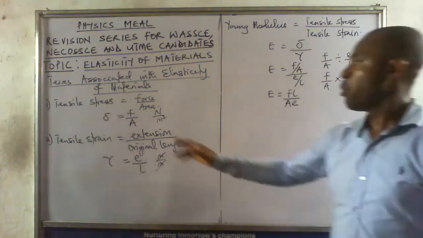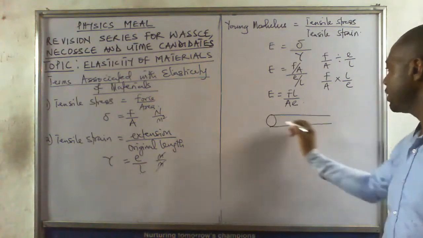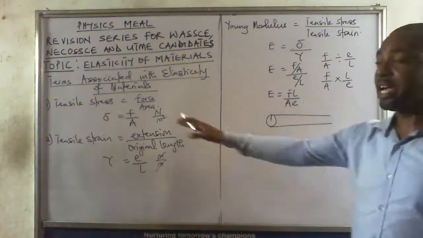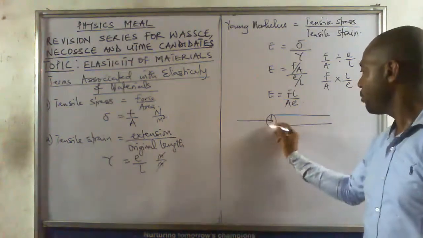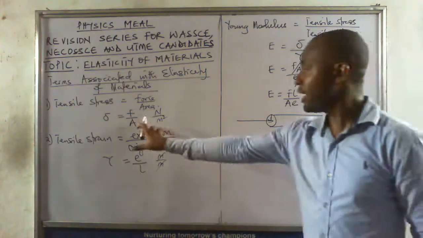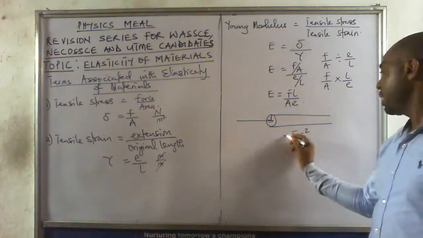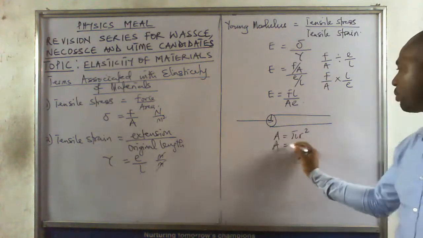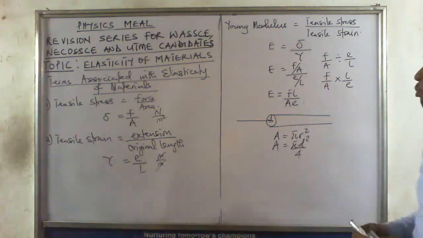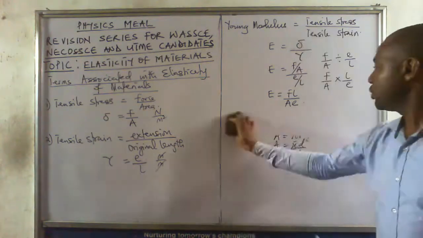But let me say this: when an elastic material has a circular cross section, the area where the force is being applied will be on the circular surface. In that case, this area can be written as pi r square. A can also be pi d square all upon 4. So in case you have a question where they give you the diameter, you need to use that.